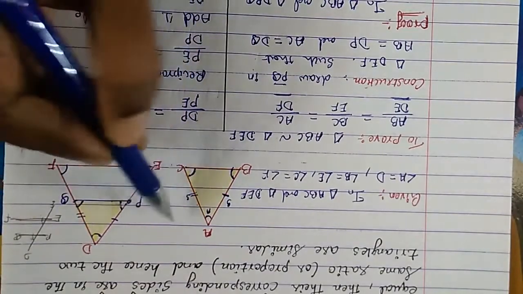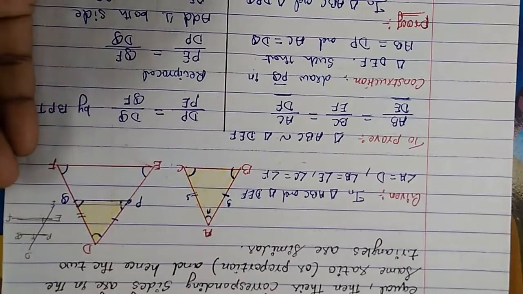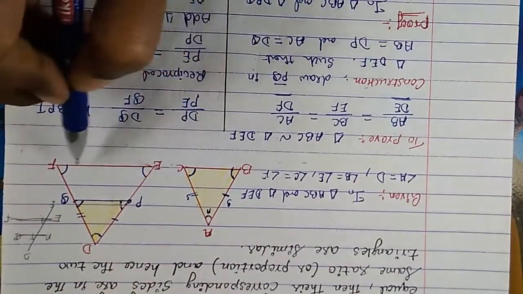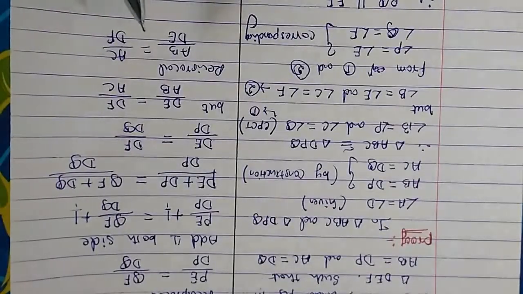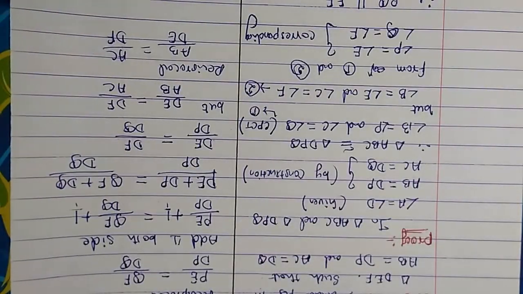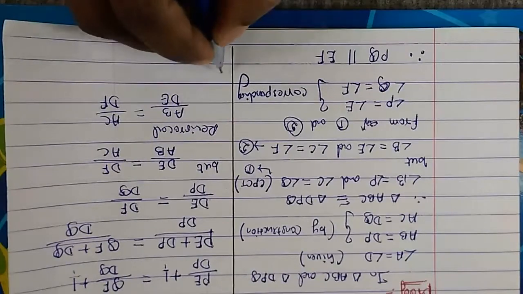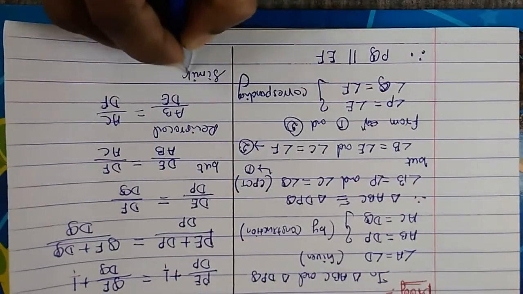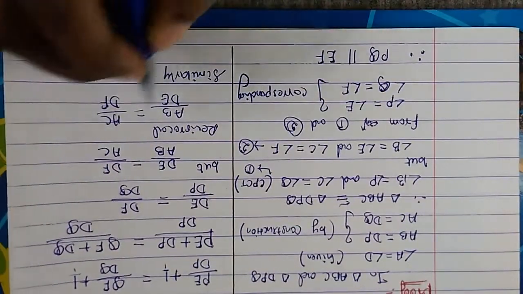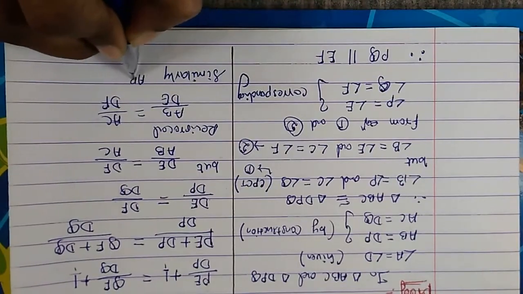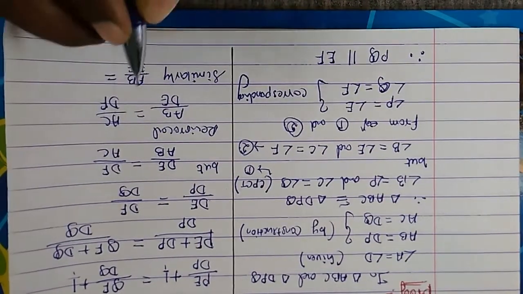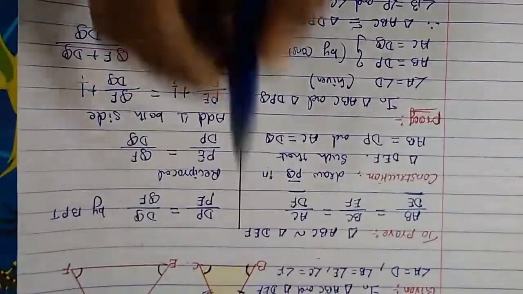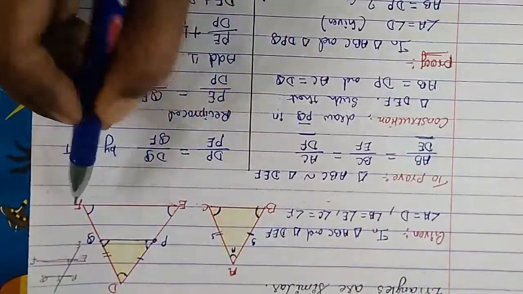So if both the side ratios are equal, then the same way can we say that the third side also, the ratio will be equal. So now to prove the third side you have to repeat the same step. We don't need to do that, what we have to do is just write similarly. Similarly, you can write that AB upon DE will be equal to BC upon EF.